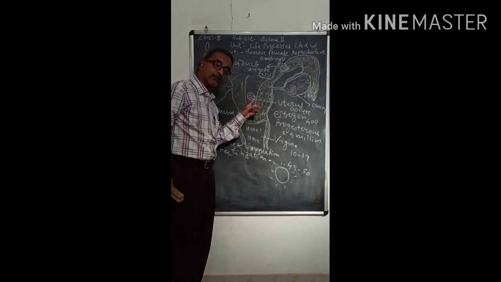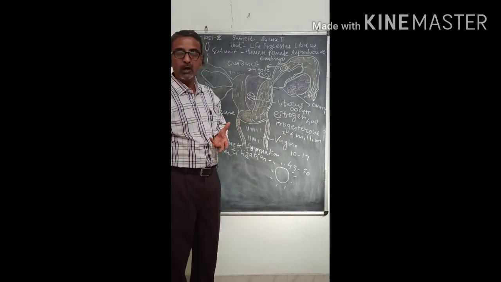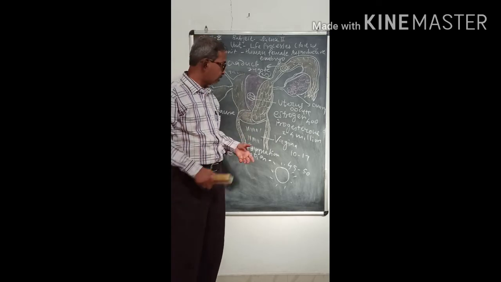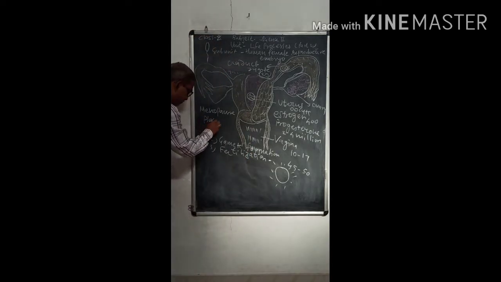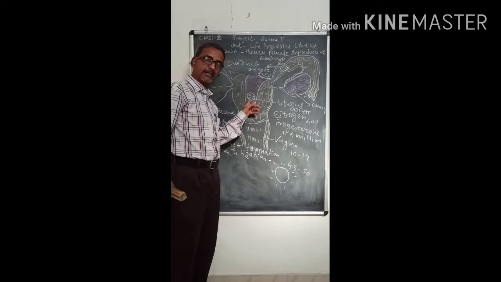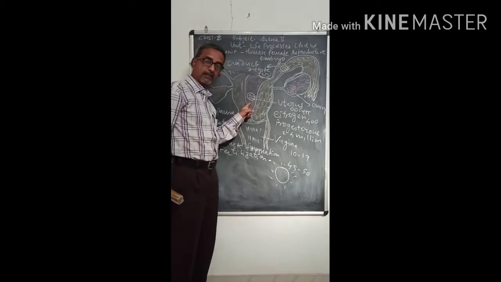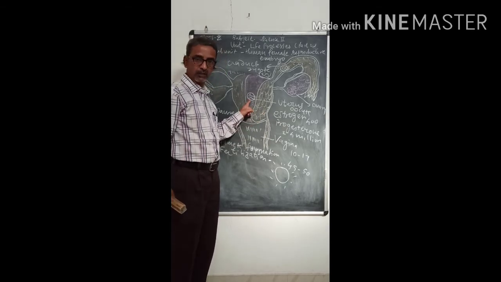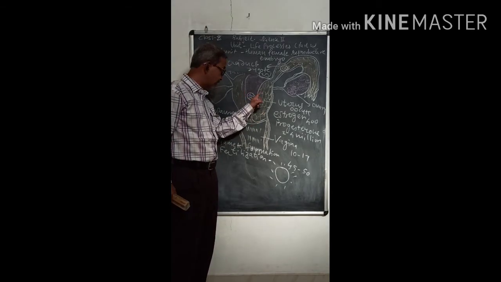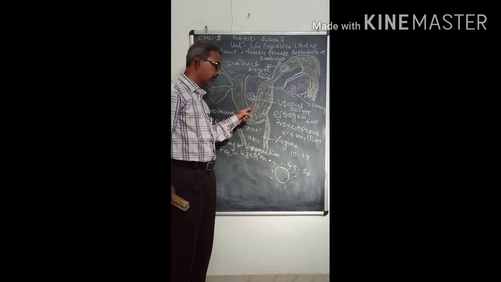After implantation, it requires food and oxygen. So a new organ is formed, called the placenta, and this placenta provides food to the developing embryo. Then the embryo develops in the uterus.